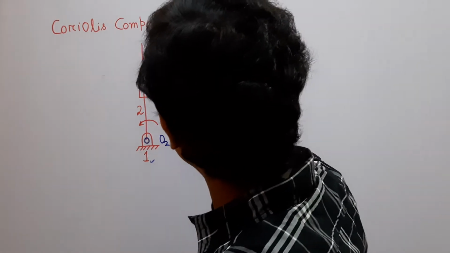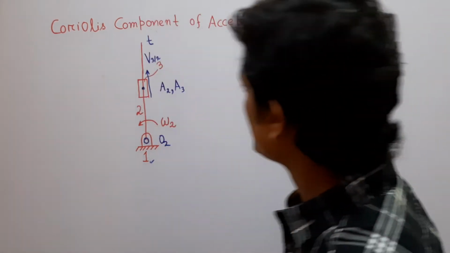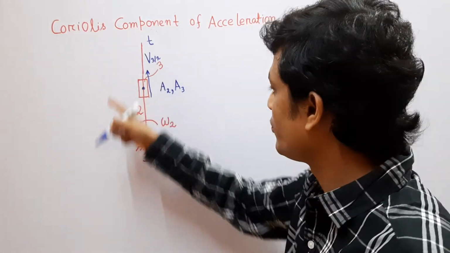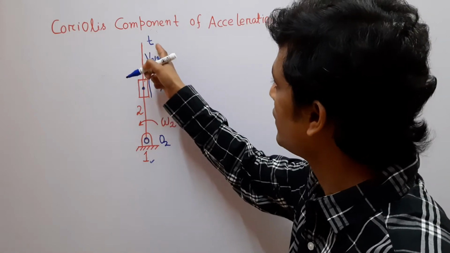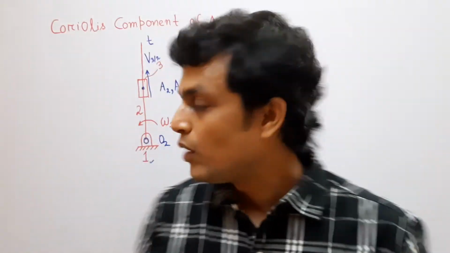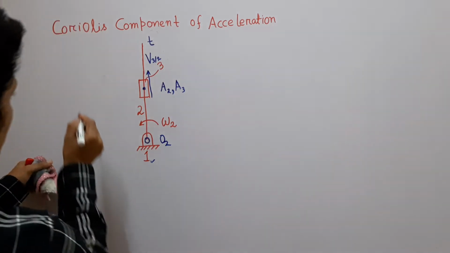Now say this is at time instant t. This is the position configuration of the mechanism at time instant t. Say after time instant delta t, what will be the configuration? Let me draw that.